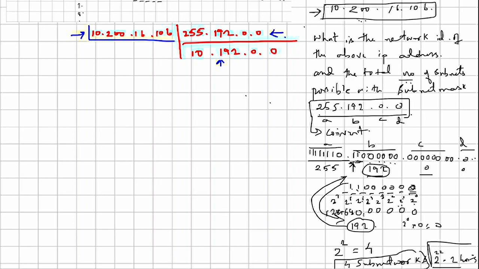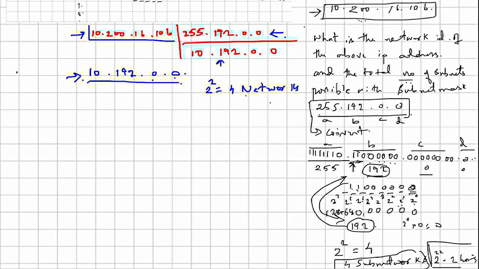So now we got the network ID as 10.192.0.0. Let us see how we can apply this here. What are all the possible number of subnetworks here? One network is 10.192.0.0. So in total we got 2 power 2, which is equal to 4 networks.